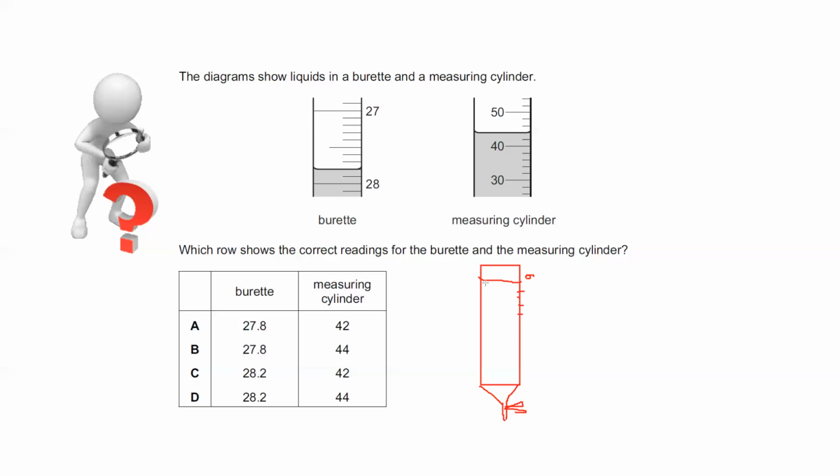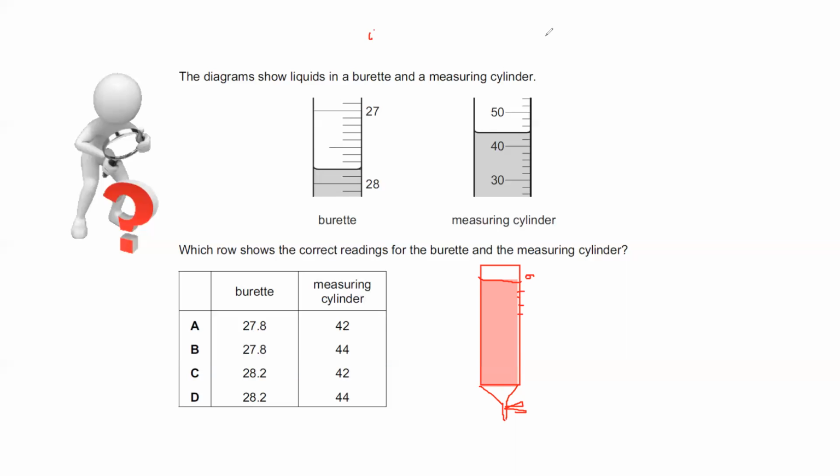Because when you open the tap, you can identify how much liquid is removed from the burette. So that's why the burette reading numbers are like 0 here, then 1, 2, 3, 4, and so on till 50.